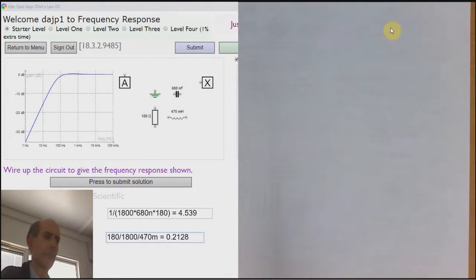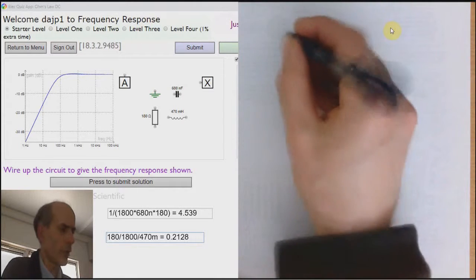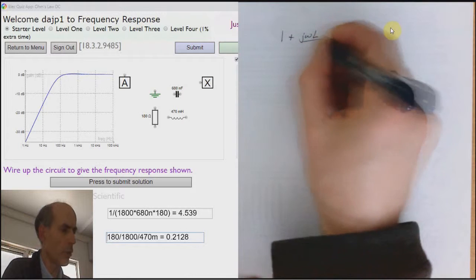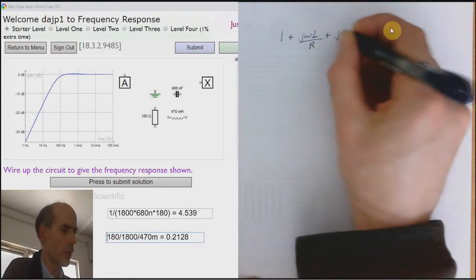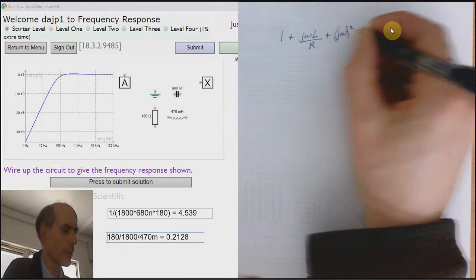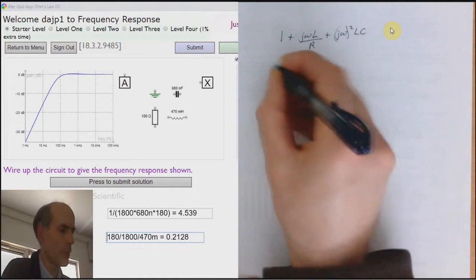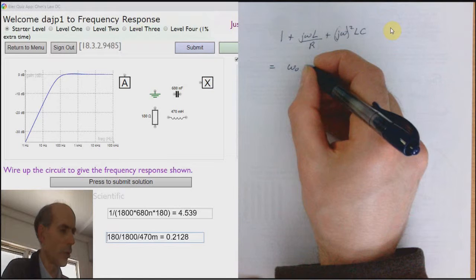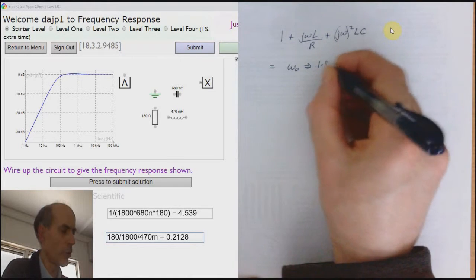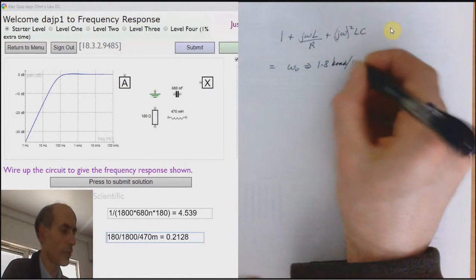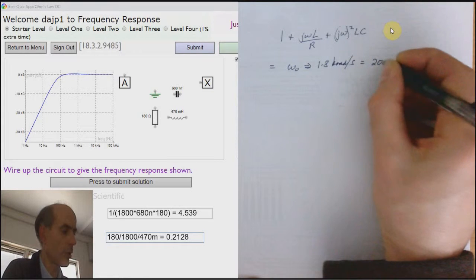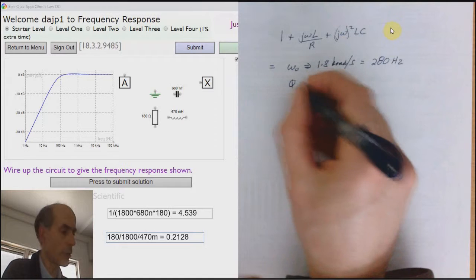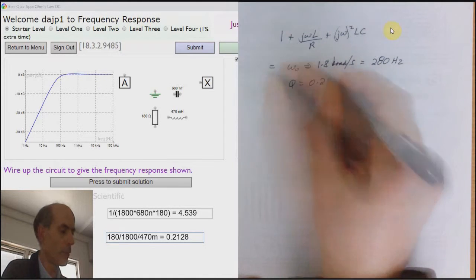to see if they look reasonable. Let's have a go. What we've got here is 1 plus j omega L over R plus j omega squared LC, and we've identified this as having a resonant frequency of 1.8 kiloradians per second, which is 280 hertz, and a Q factor of 0.21.